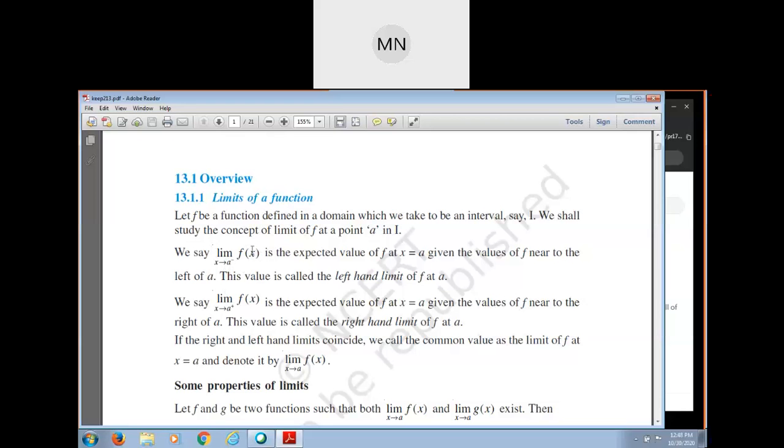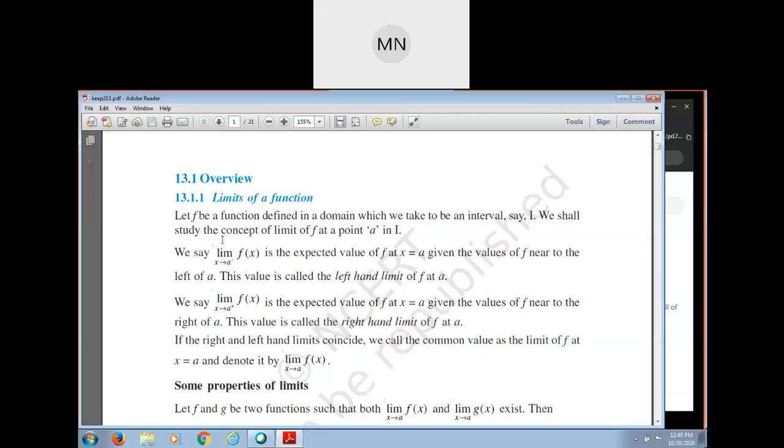Left hand limit or right hand limit of that particular point x equals a? Yasmin, can you tell me? Left hand. Yeah, it is the left hand limit. When we write x tends to a plus f of x, this indicates what? Right hand limit, ma'am. Yeah, it is the right hand limit.